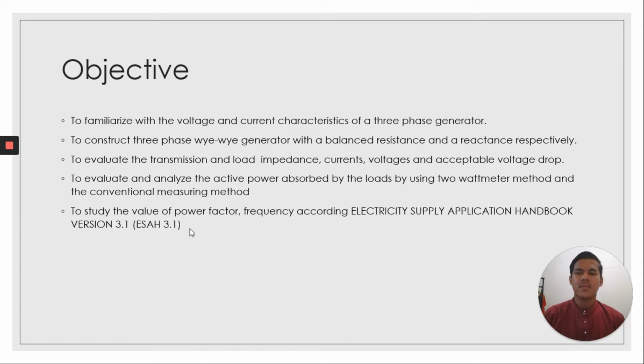The third objective is to evaluate the transmission and load impedance, current, voltage, and accepted voltage drop. The next objective is to evaluate and analyze the active power absorbed by the load by using the two wattmeter method and the conventional measuring method.